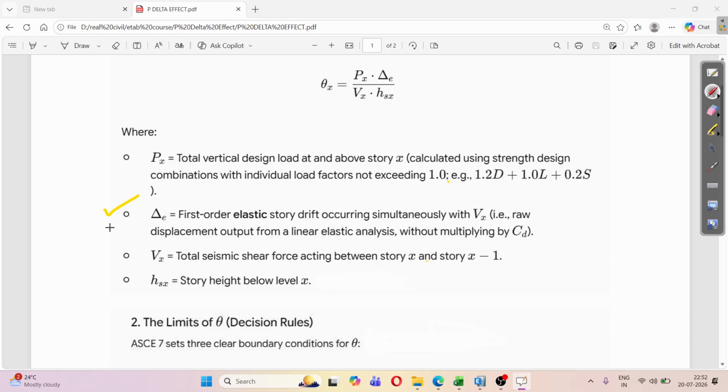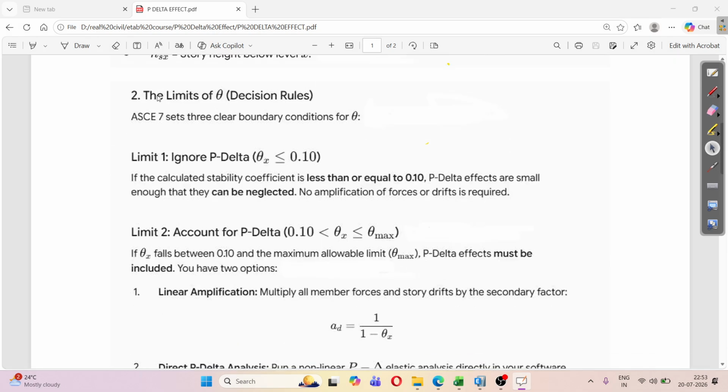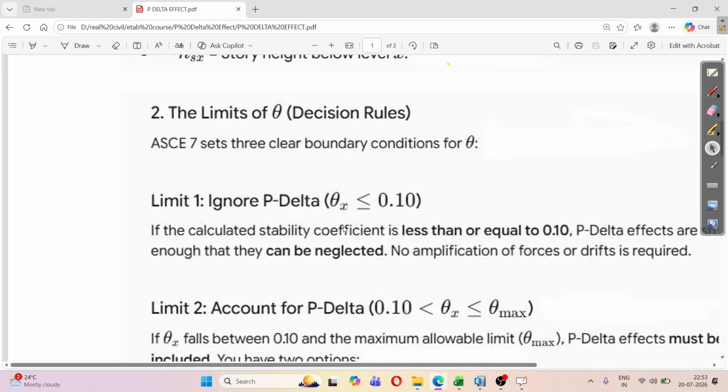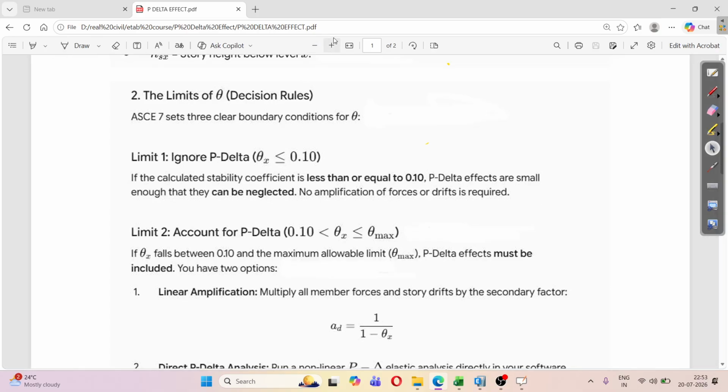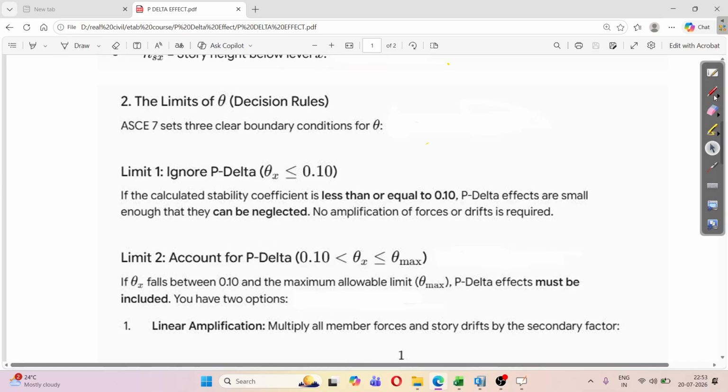Then the total seismic shear force, and then the story height below level x. So these are the parameters, and there is a condition. The limit is given for the theta.